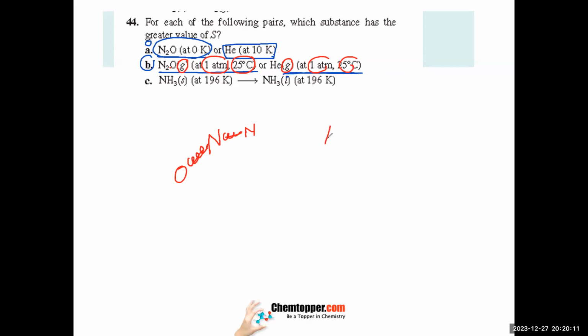Whereas in helium, is there any chemical bond? No. So the molecules with more bonds have more entropy. This is an atom. There is no chemical bond, so there are no vibrational or rotational motions. If you remember the electromagnetic spectrum, unit 3, there we discussed how these vibrational motions are measured with the help of IR. So bonds can vibrate like a spring. You can stretch them, you can compress them. Stretching, compressing, all these are randomness.